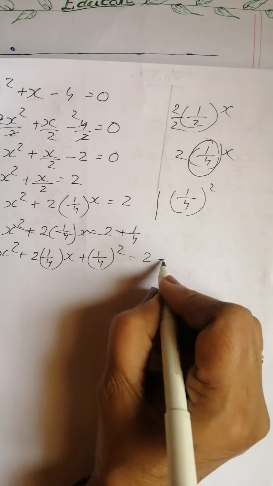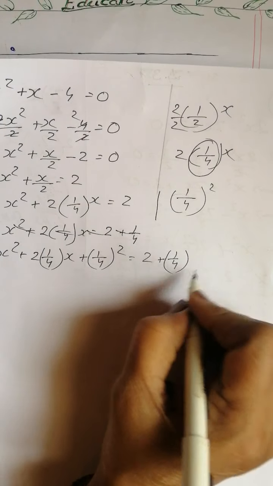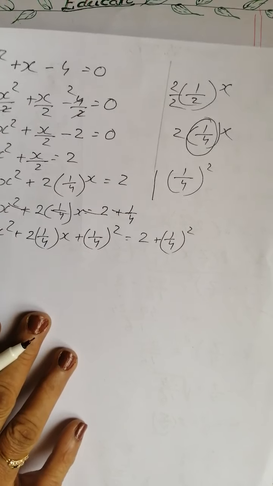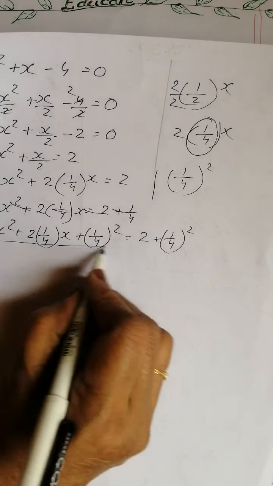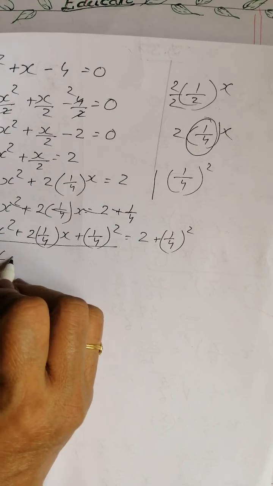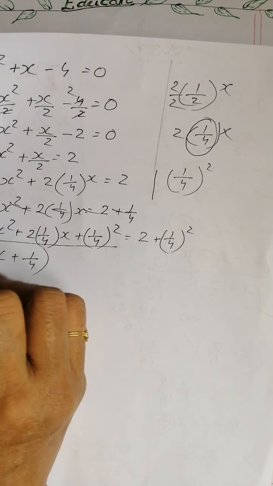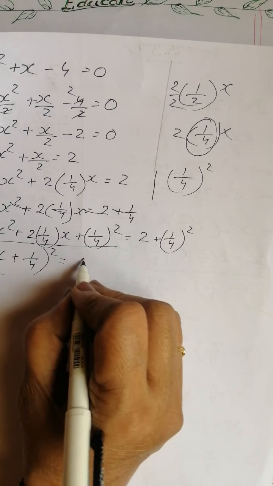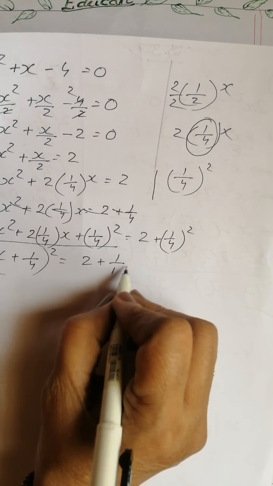Then you have to add on the right hand side. Got it? Now this becomes a plus b the whole square, equal to 2 plus 1 by 16.